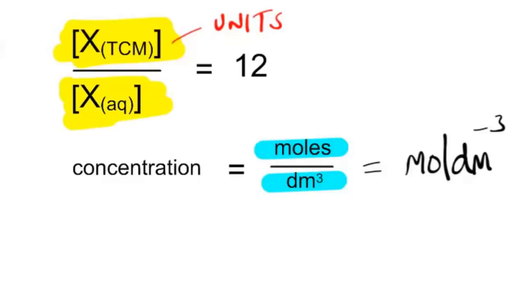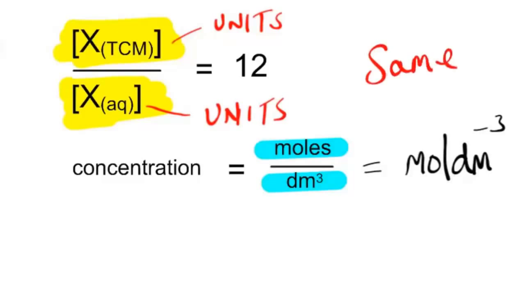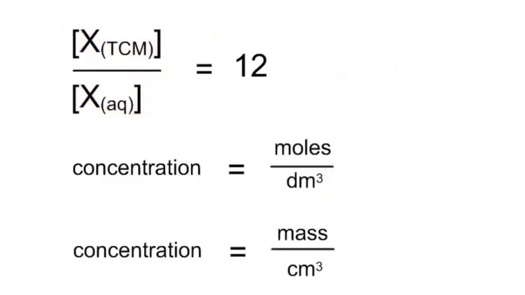So when it comes to these partition equilibria questions, we don't express the concentration as moles over cubic decimeters. Notice that we've been given a mass, albeit presented as m and 25 minus m, and we've been given cubic centimeters of the two immiscible liquids.